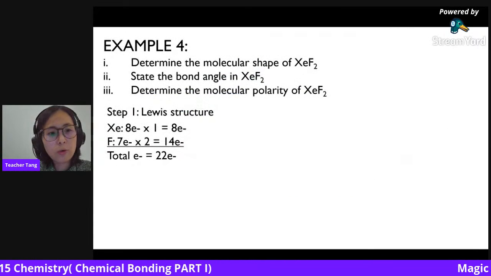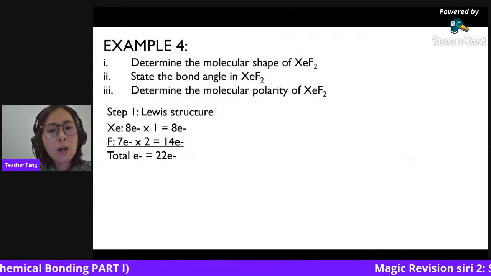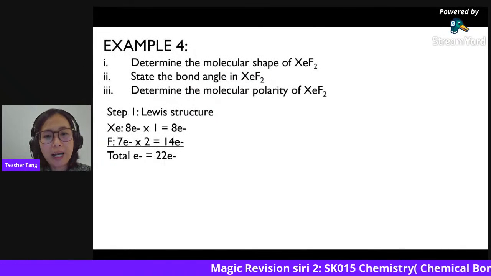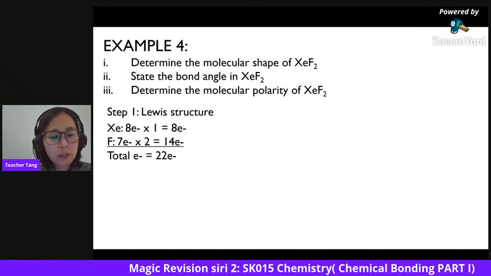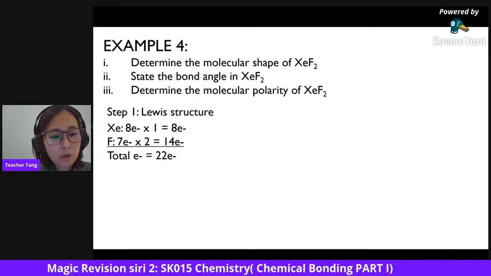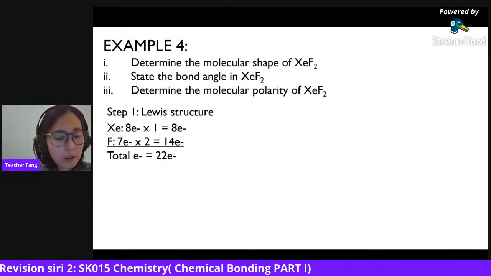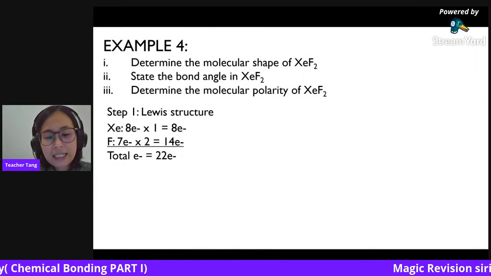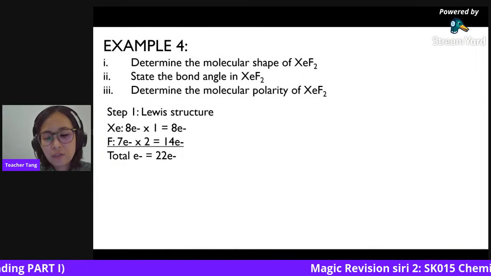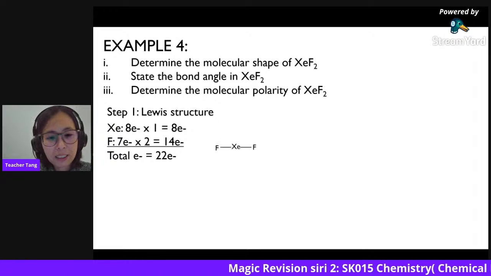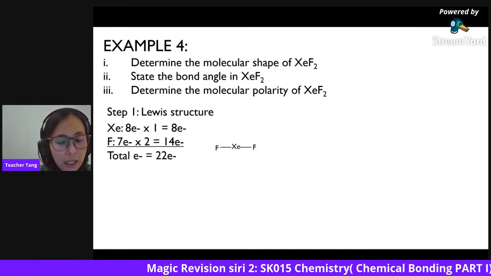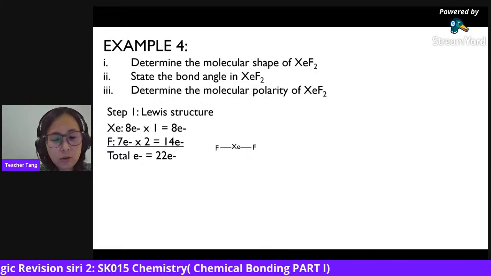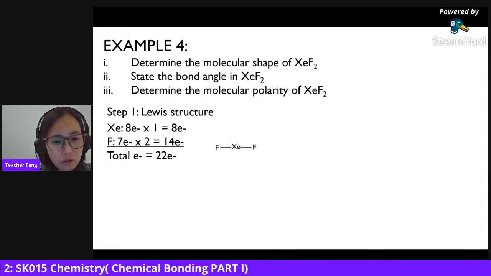So we move on to look at example 4. In example 4, how do we determine the molecular shape of XeF2? Again, first we draw the Lewis structure. The total number of valence electrons here is 22. Xe is less electronegative than fluorine, so it will become the central atom, and fluorine the terminal atoms. This is the skeletal structure for XeF2.